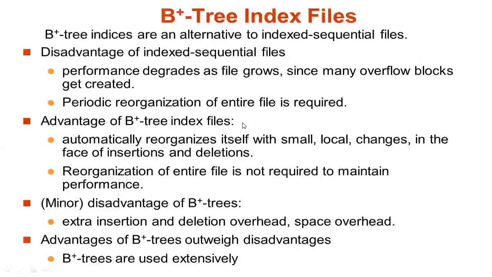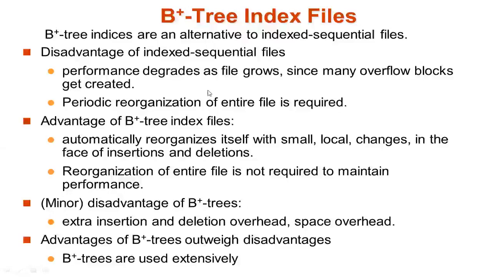You have to shift or rearrange the entire set of records, and more frequently. That is a very tedious job. So I would prefer this type of tree structure, the B plus tree. That is why we get the advantage over the index sequential file.